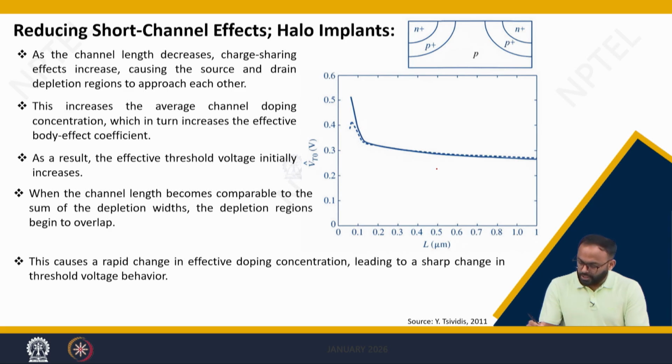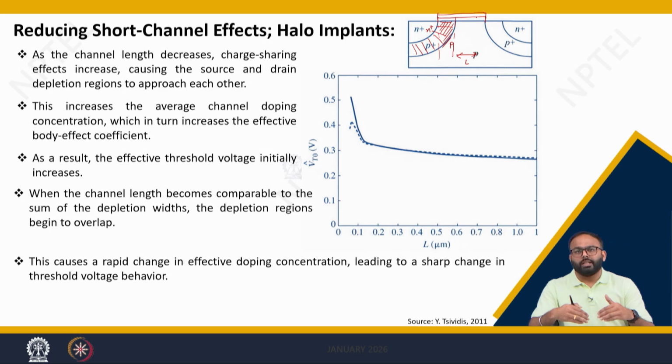Again, to see the charge sharing effect, you have an N plus P junction. In the N plus P junction there will be a depletion region, and this depletion region has a significant width when your channel length is very small, and the contribution of this depletion region causes charge sharing, which reduces the impact of the gate.